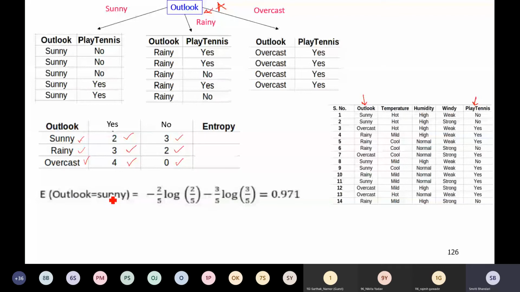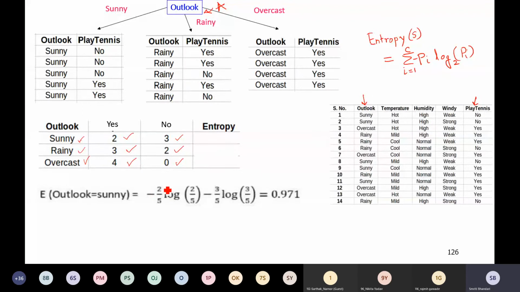So entropy for outlook equal to sunny. We are making use of the same formula. What is our formula for computing entropy? The entropy of S is equal to summation over i equal to 1 to C of minus Pi log of Pi to the base 2.